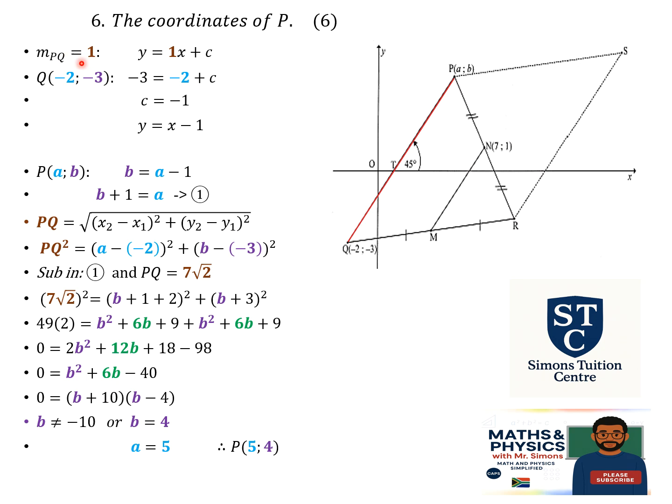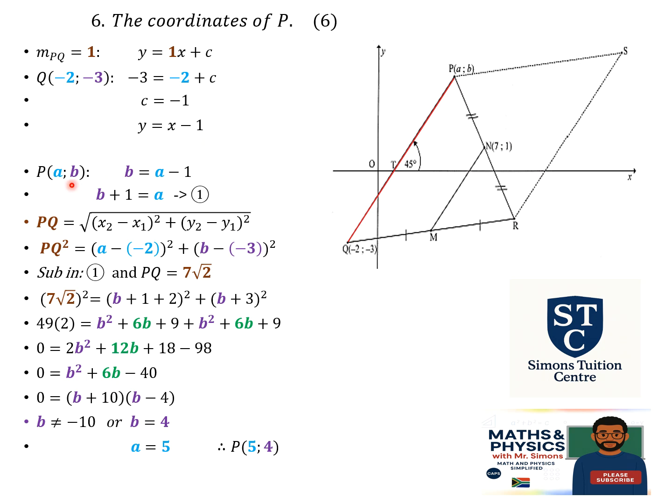So gradient PQ equals 1, which means the equation for PQ is y equals 1x plus c. On PQ I have the point negative 2 and negative 3, so y is negative 3 when x is negative 2. If I take that over, minus 3 plus 2 gives me c equals negative 1. So the equation of PQ is y equals x minus 1.